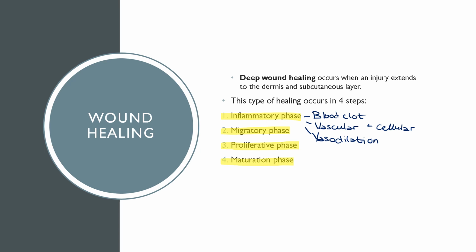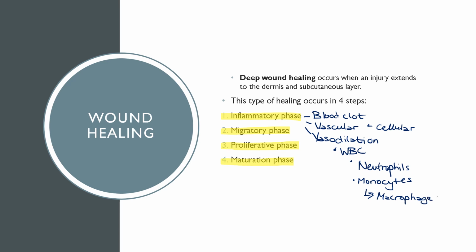So this phase is going to allow in white blood cells like neutrophils and monocytes. Monocytes actually will develop into macrophages.